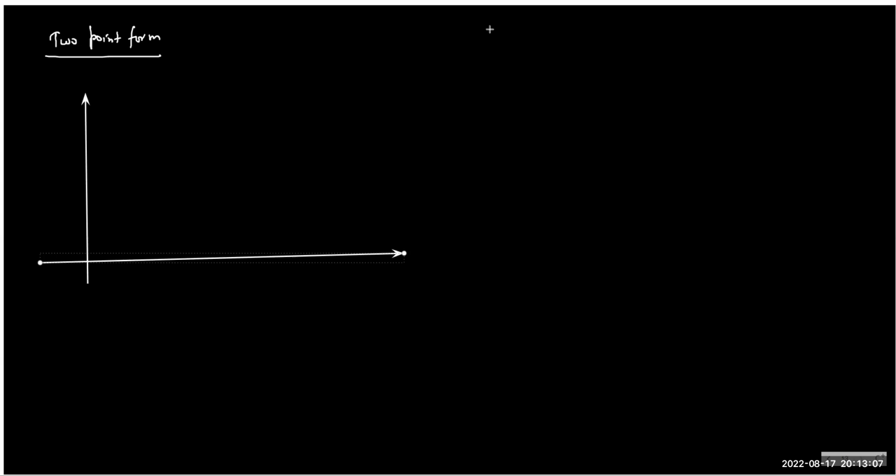So if you know already that the line which I'm going to draw is passing through these 2 points, and if you know the coordinates of these 2 points, let's say x1, y1 and x2, y2, these two are fixed points.